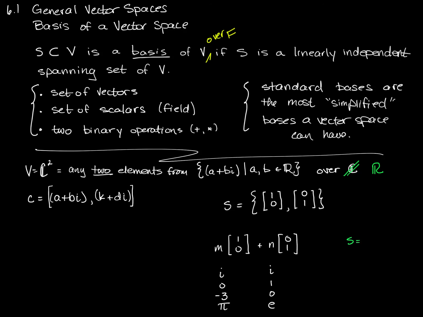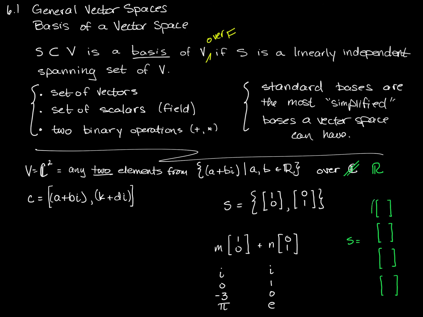S equals, put them vertically like this. This time I'm going to need 4 because I need to have complex numbers in my element, but I can't draw from the complex numbers to scale, right?